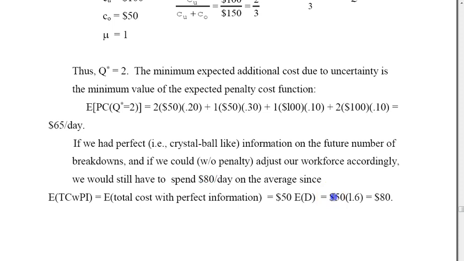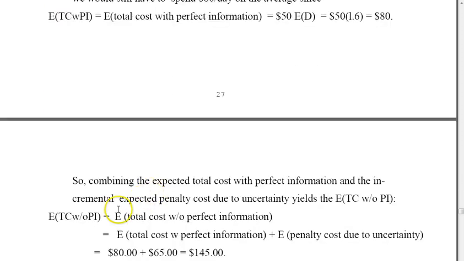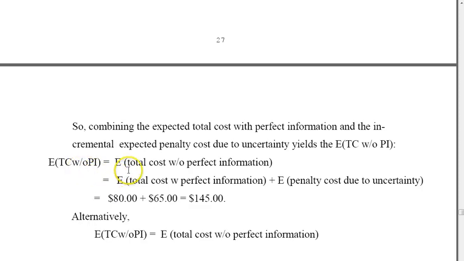Each one will cost me $50 for a permanent hire, and that would be $80. So if I add these two together, the total cost with perfect information plus the cost of uncertainty, that's going to be my expected total cost without perfect information.